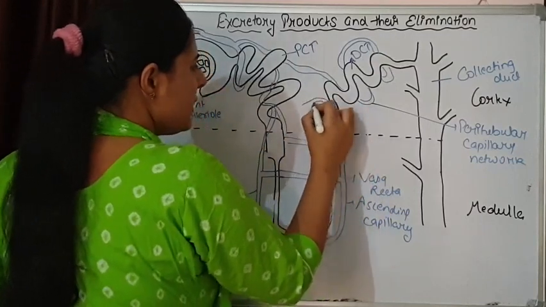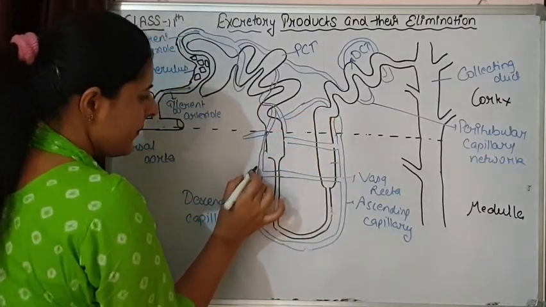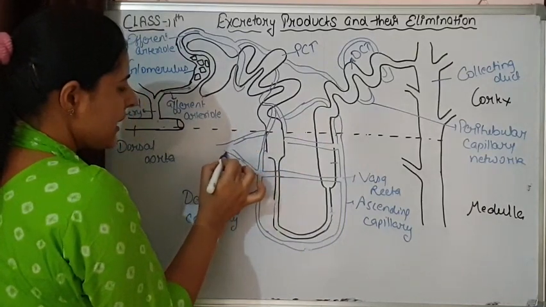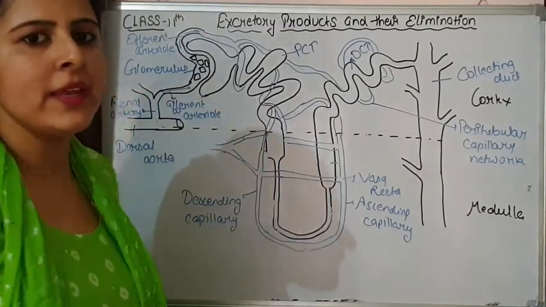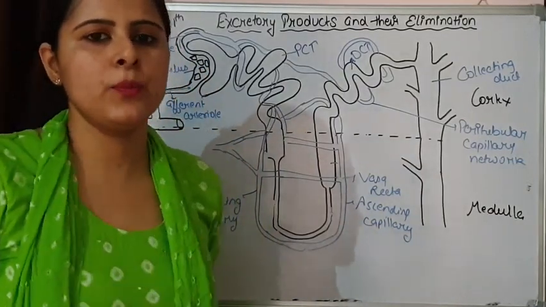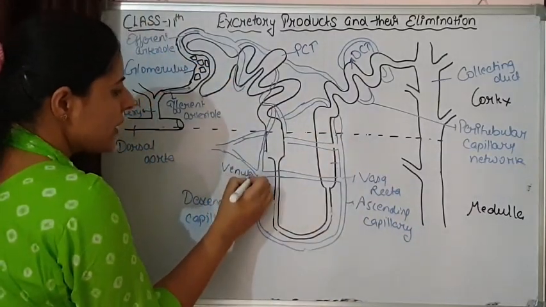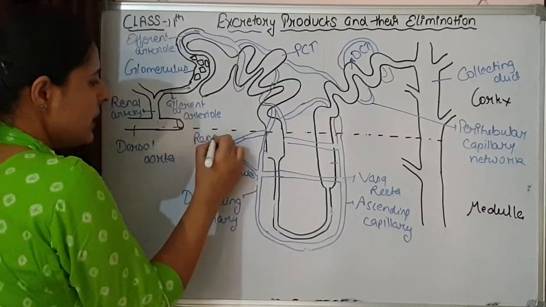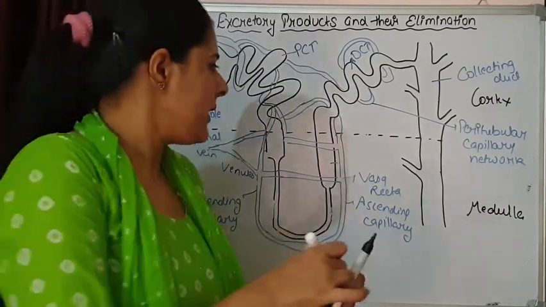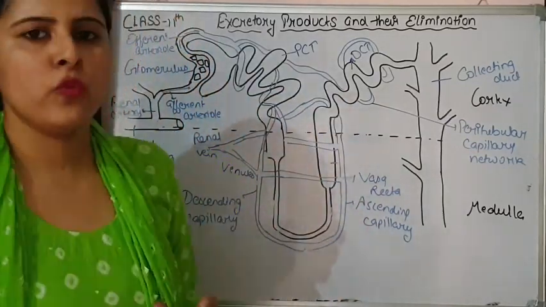They are moving all around, and finally they are coming out to form the venules. These venules are giving rise to the renal vein, and finally the renal vein is going to pour all the blood into the inferior vena cava.